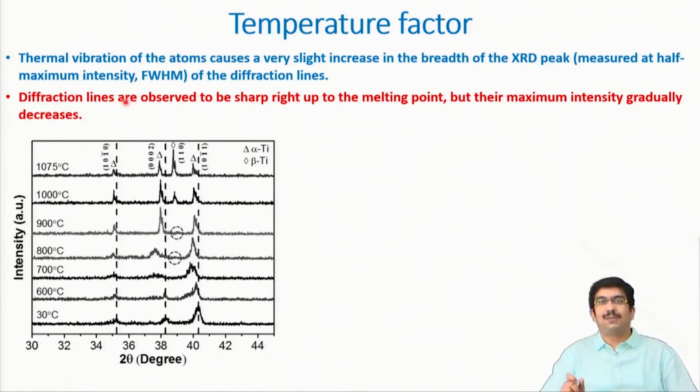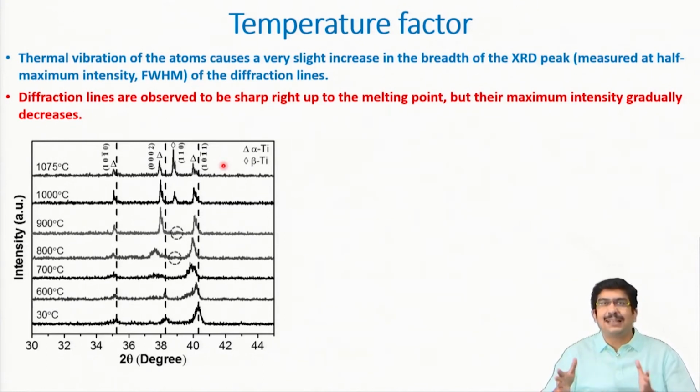So, this is one of the effects, but the thermal vibration of the atoms around their mean position causes only a very slight increase in the breadth of the XRD peak, measured at half maximum intensity, also known as FWHM, which we will discuss in this class if possible.